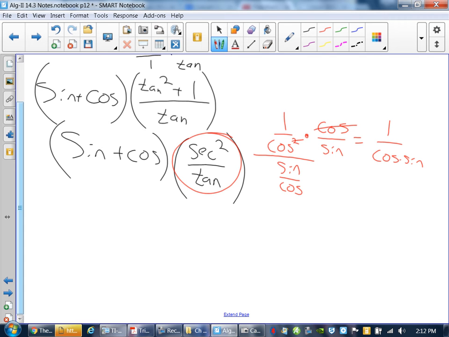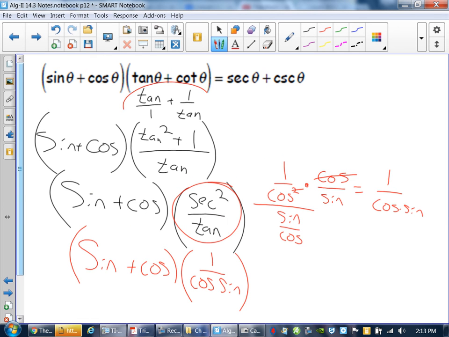So that gives me. Where did you get tan squared plus 1 over tan again? Here.